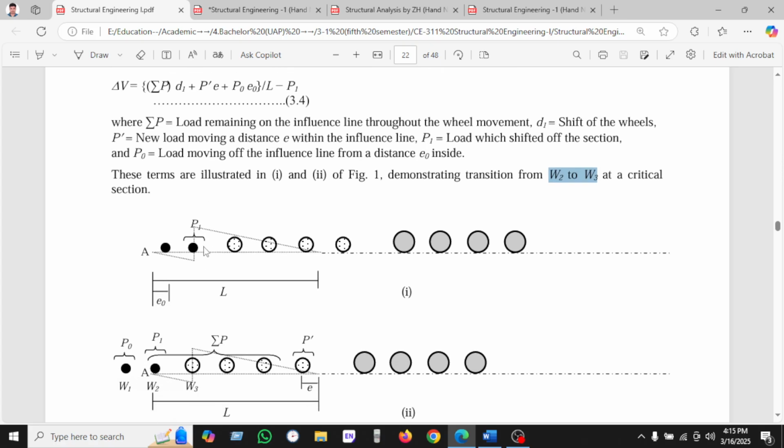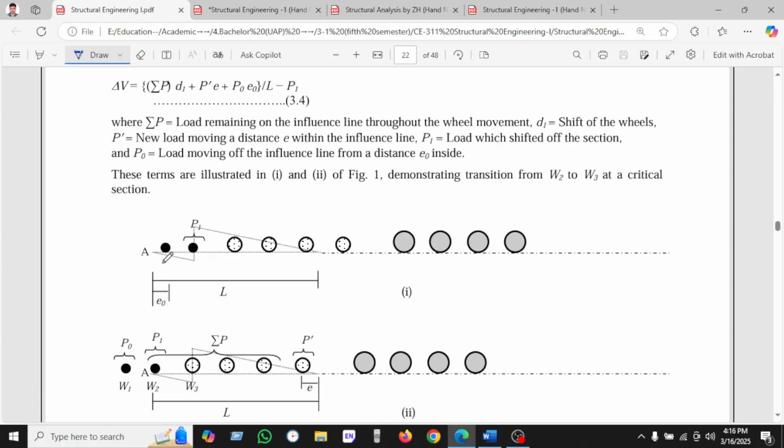So we see here the wheels are numbered 1 to 2. The critical section is where wheel 2 is, and wheel 1 is before it.